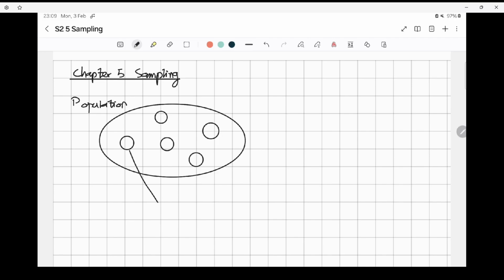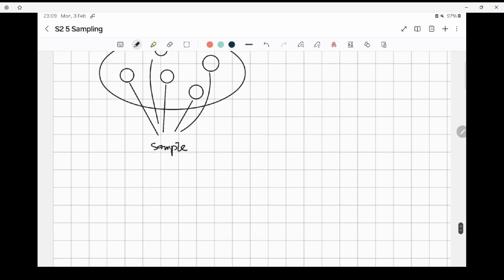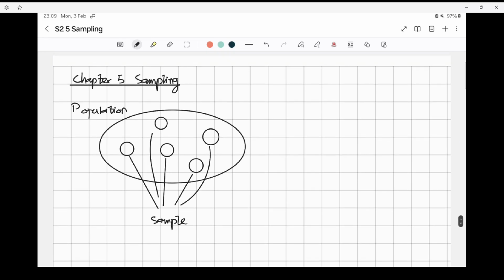You can collect from each of the different states, like Perak, Selangor, Negeri Sembilan, and so on. All these smaller data sets are what we call the sample. If your sample is random enough, it will represent what you want to study for the whole population.